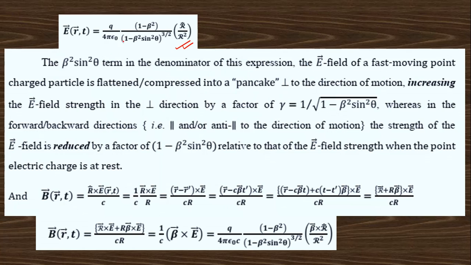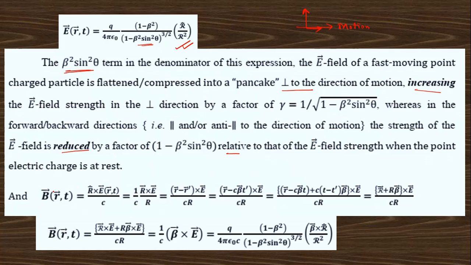In this expression, the term beta square sine square theta is the important term, and the field is increased in the perpendicular direction and reduced in the parallel direction. That means if this is the motion of the particle, the electric field density increases in the perpendicular direction and decreases in the parallel direction.